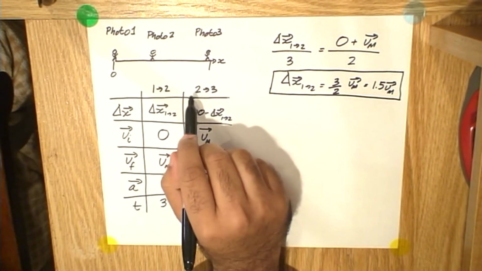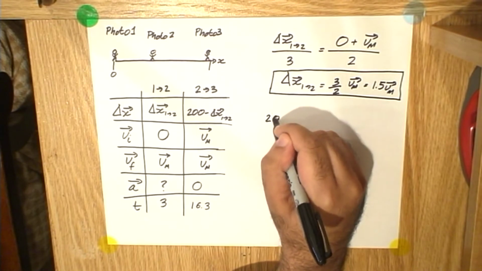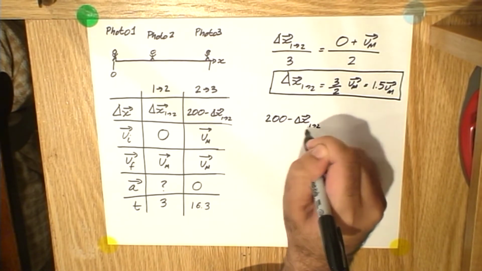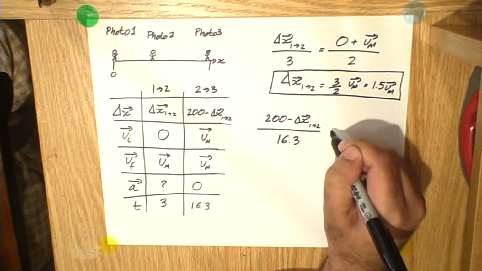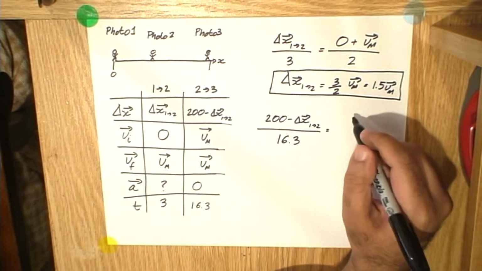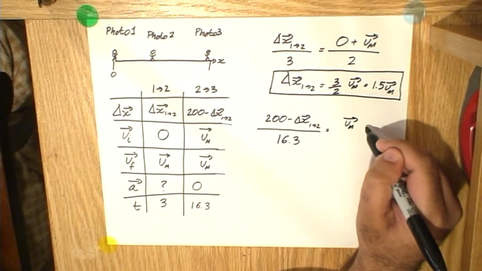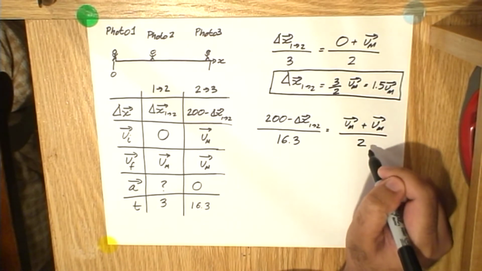What about from photo 2 to 3? Well, here the displacement is 200 minus delta x 1 to 2. The time is 16.3 is equal to, the initial velocity was Vmax, the final velocity is also Vmax, and we divide the whole thing by 2.